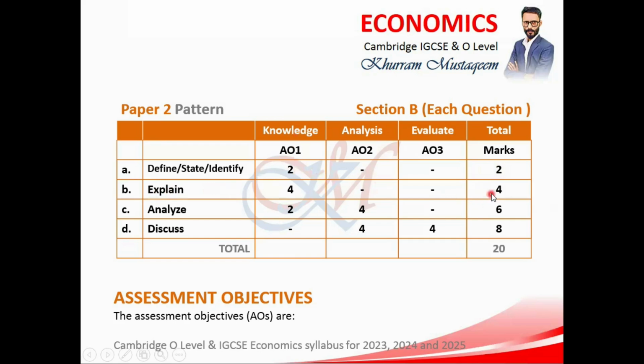Explain, you will get 4 marks on the basis of knowledge. Analyze, you will get 6 marks: 2 marks on the basis of knowledge and 4 marks on the basis of analysis. Discuss, 8-mark question: 4 marks are from analysis and 4 marks are from evaluation.